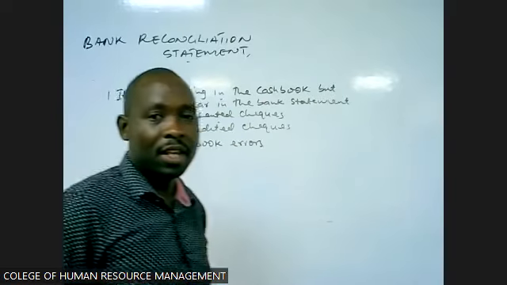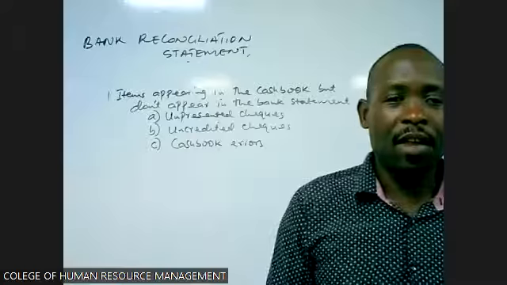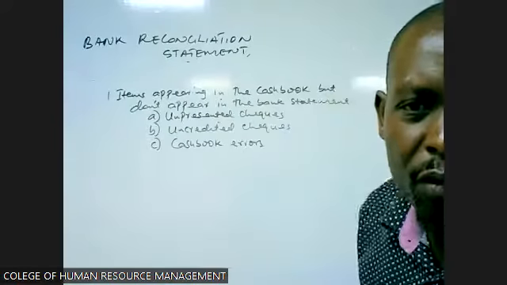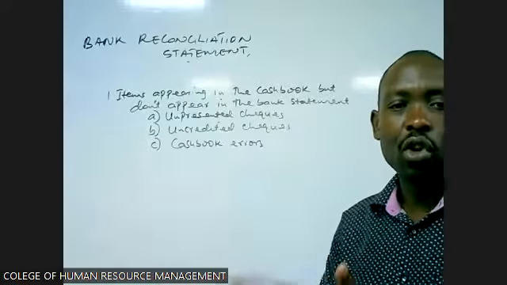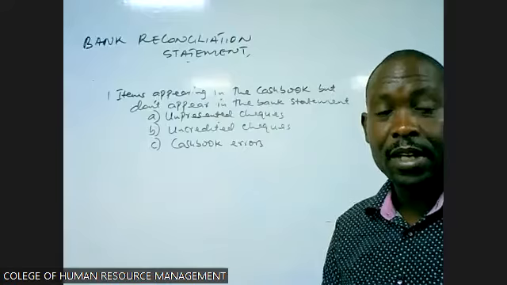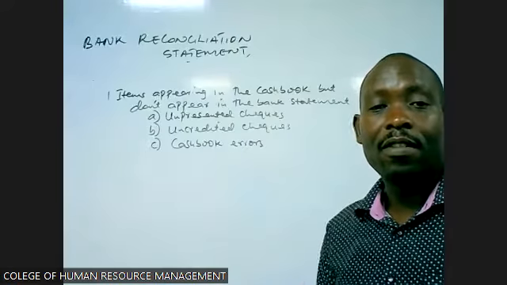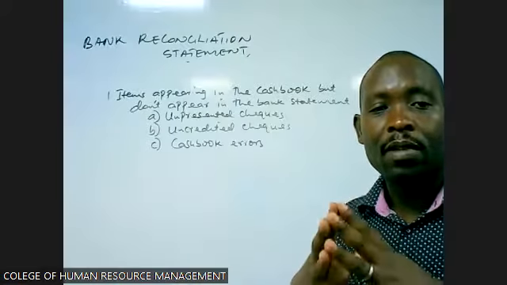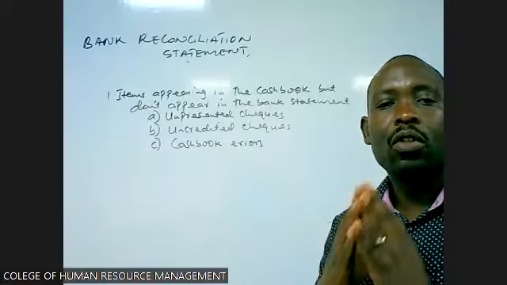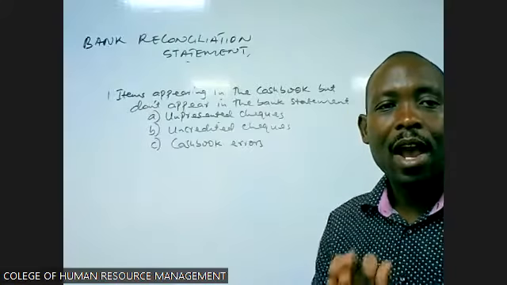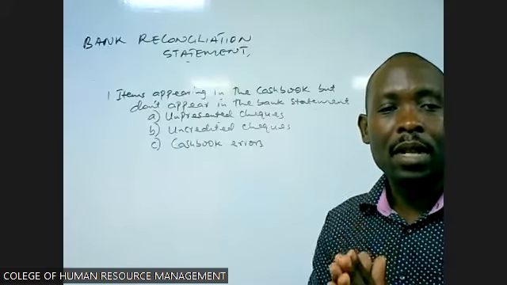Those are the three items that will appear in the cash book, but when you try to find them in the bank statement, you don't see them. The unpresented checks are the checks that we have paid our suppliers, but those suppliers have not presented them for payment in the bank.